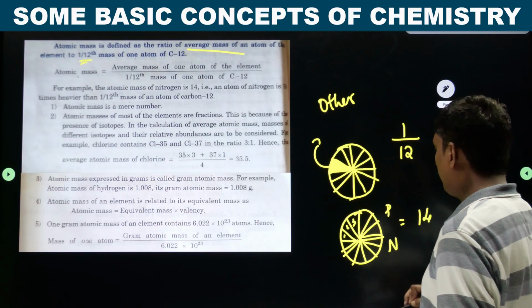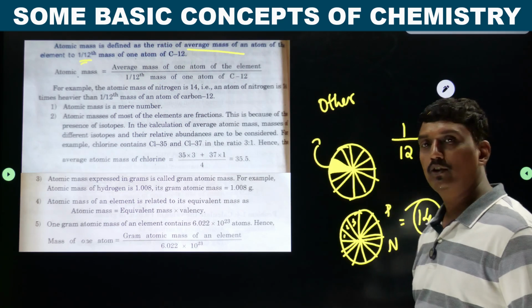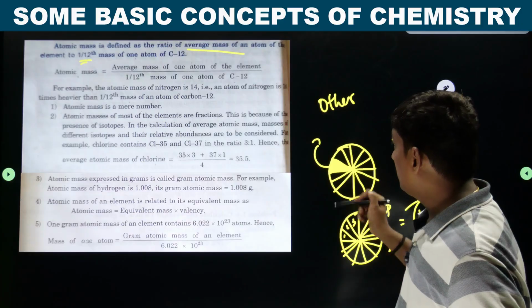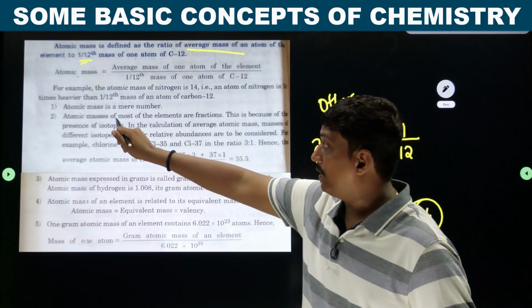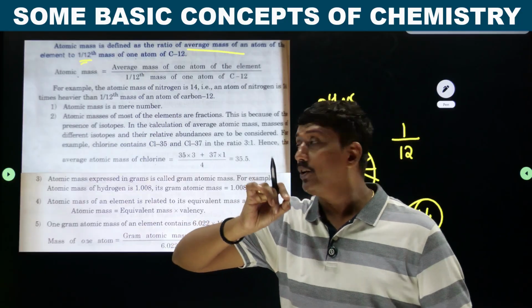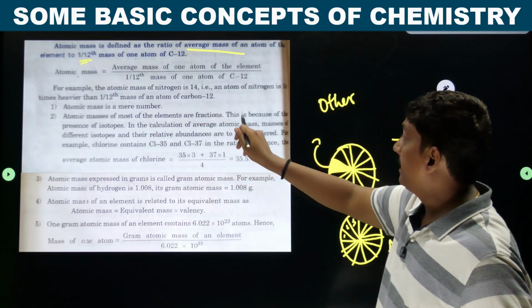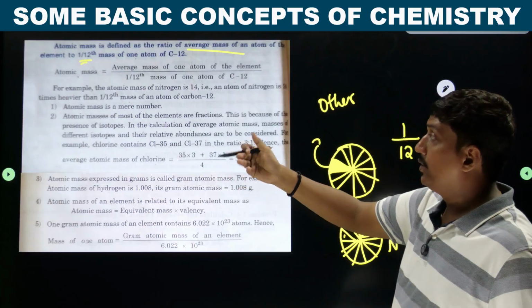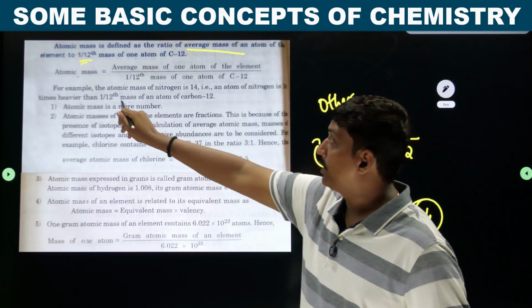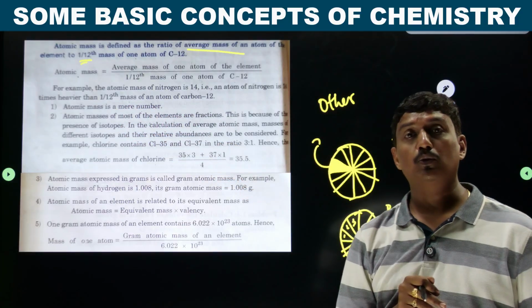Its number is 14. What is the meaning of this 14? The nucleus of nitrogen is 14 times heavier than 1/12th mass of carbon-12 isotope.